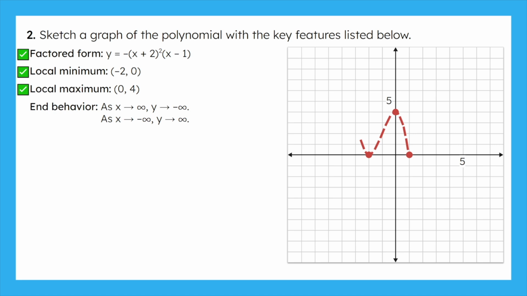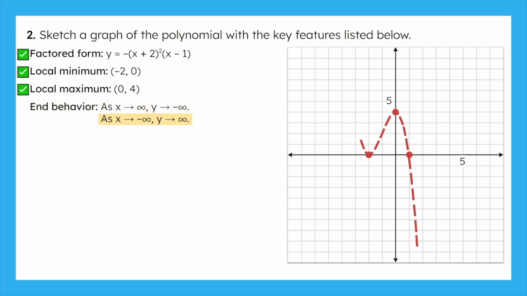We'll finish this graph by checking out the end behavior. This says that as x approaches infinity, y approaches negative infinity. What is that telling us? As x goes to the right, y is going down. Can I sketch just any line that goes down to the right? No, of course not. We want to follow the general shape of the existing graph and think about the general shape of polynomials.